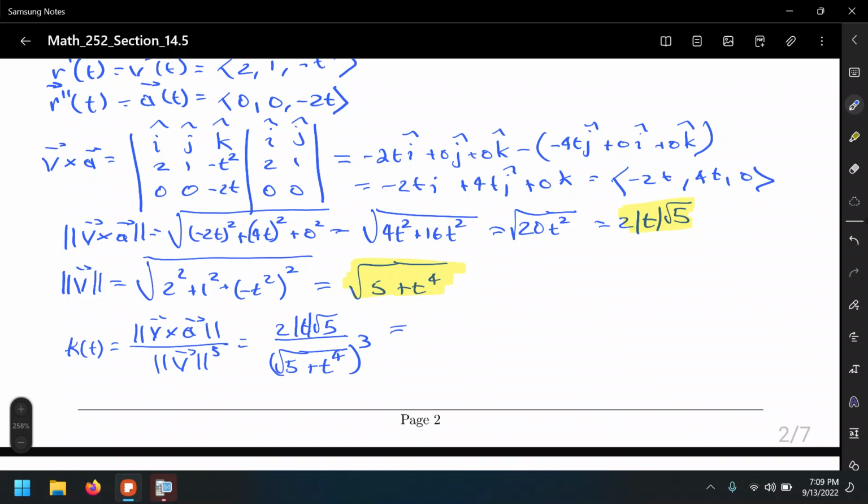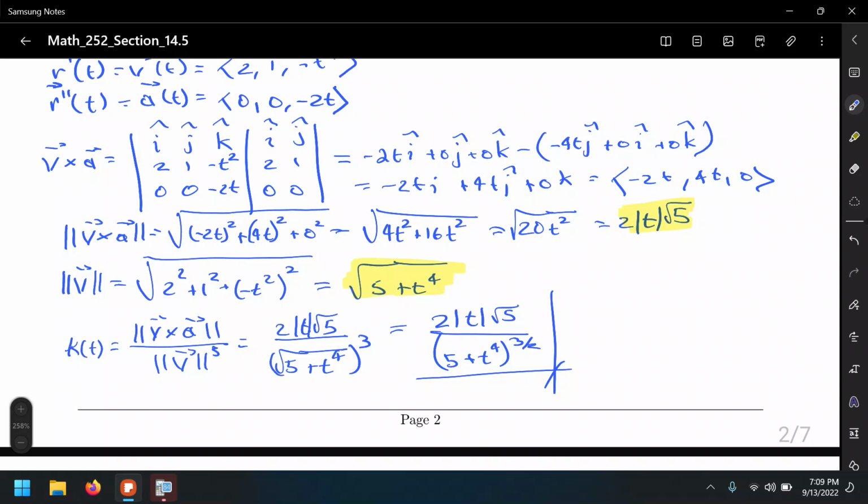And this is essentially the final answer, but we have a radical to the 3rd power, so you might want to write 2 absolute value of t root of 5 over 5 plus t to the 4th to the 3/2.